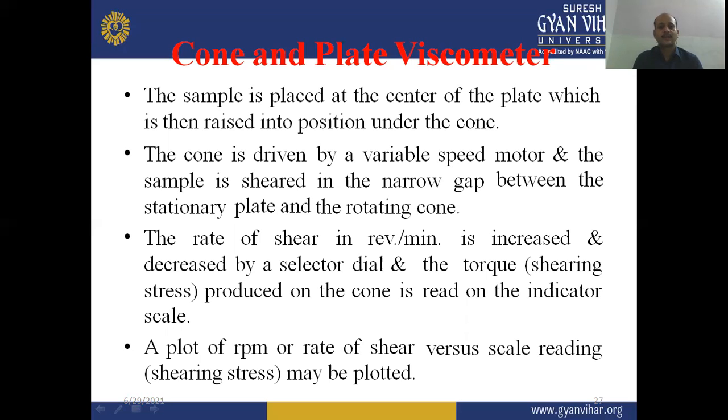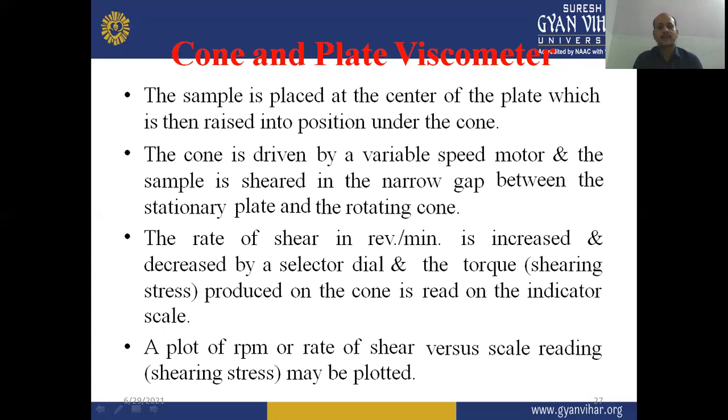The rate of shear in revolutions per minute is increased and decreased by a selector dial available in the apparatus, and the torque, which is the shearing stress produced on the cone, is read on the indicator scale. A plot of RPM, the rate of shear, versus scale reading, the shearing stress, may be plotted.